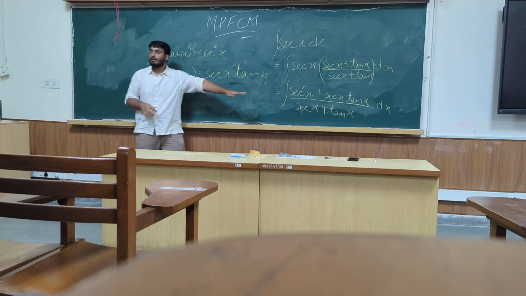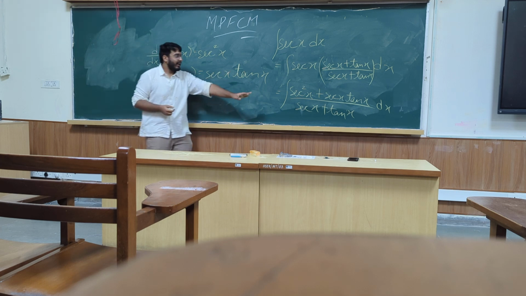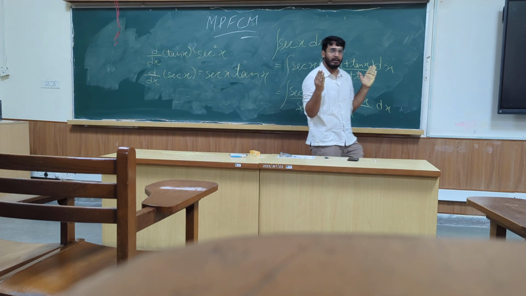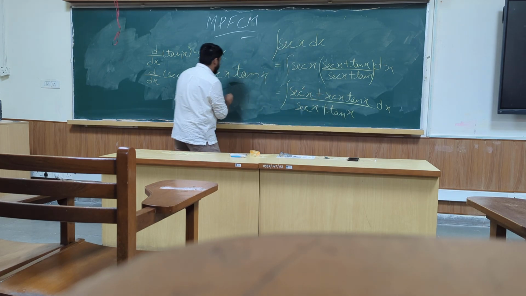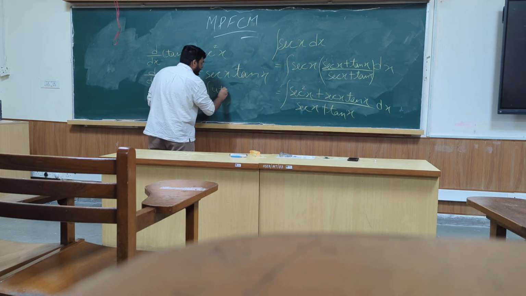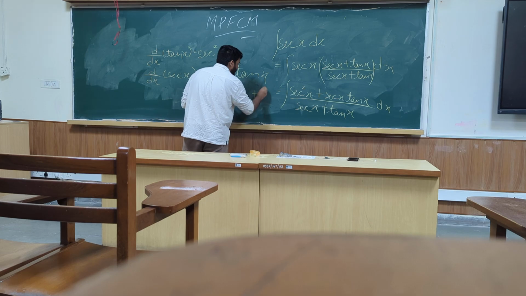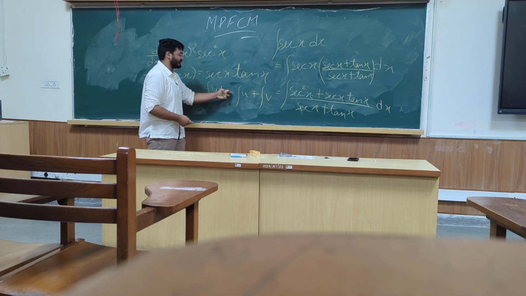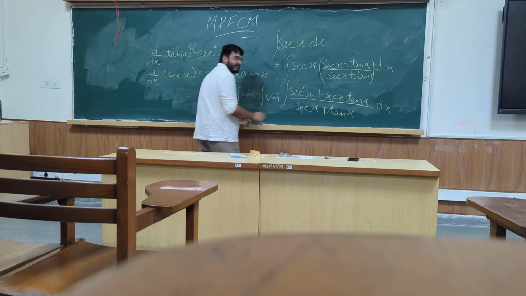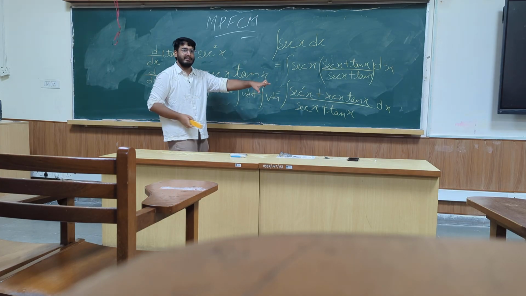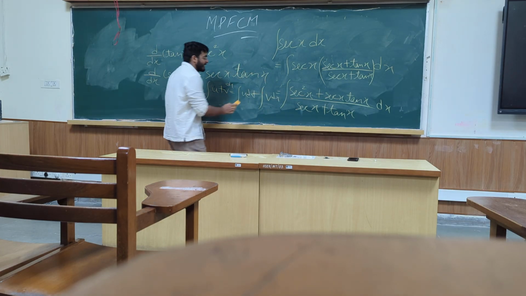I did nothing wrong till here. And I know that I can break apart the sum, right? Because the integral of u plus v is the same as the integral of u plus the integral of v. There should be a dx here, like dx and dx and dx. So yeah, we are getting somewhere.